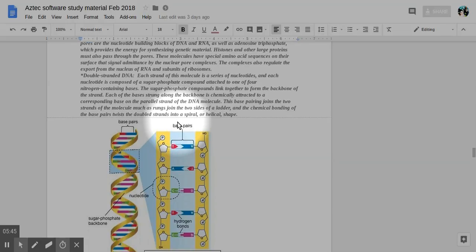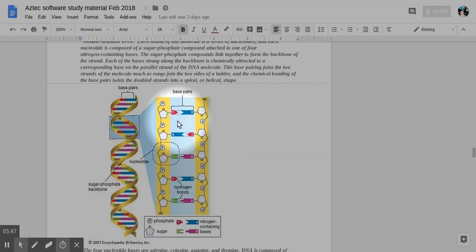Double-stranded DNA. Each strand of this molecule, which looks like this, is a series of nucleotides. Each nucleotide is composed of a sugar phosphate compound attached to one of four nitrogen-containing bases. The sugar phosphate compound link together to form the backbone of the strand.